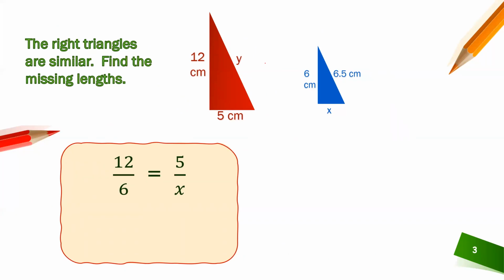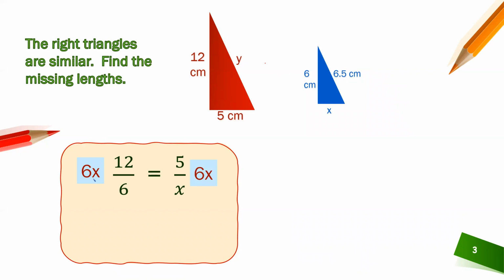So 12 is to 6 is the same as 5 is to X. Now, when you have an equation, you can multiply both sides by the same number and the equation still stays balanced, right? So what am I going to multiply both sides by to clean up both of the fractions? Well, I am going to multiply both sides by 6 times X, or 6X.